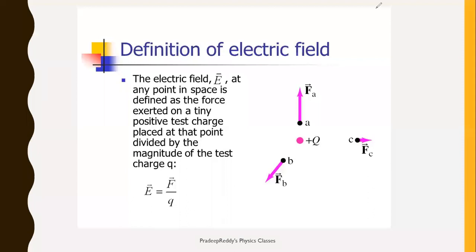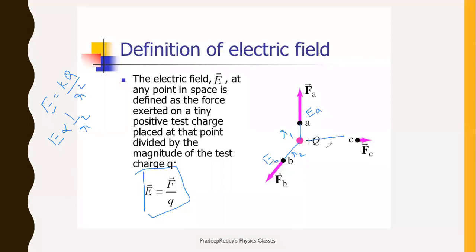Students, we have learnt about electric field definition, and clearly E is equal to K capital Q divided by R square. E is inversely proportional to the square of the separation between them. Say this as R1. Here you have EA. Field at this point A is EA. This distance is R2. Field at this position is EB. This distance is R3.